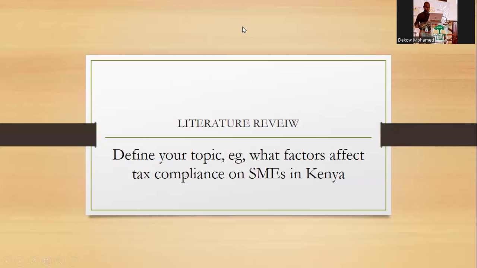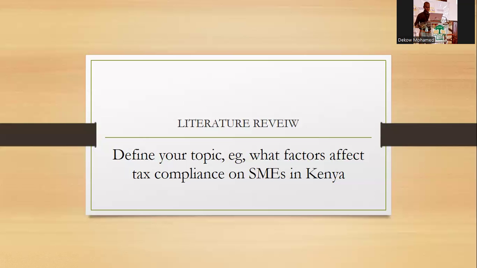Defining a topic means what are the main criteria or what are the main factors that you want to find out or you want to examine. For example, you're talking about tax compliance on SMEs in Kenya. So, what factors affect the tax compliance on SMEs in Kenya? You first identify those factors that you think can affect the variables.